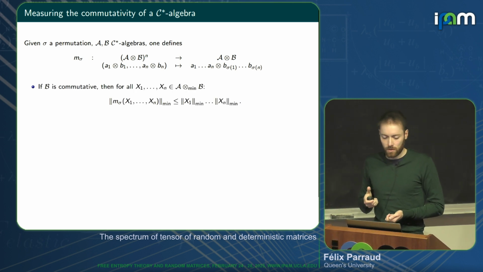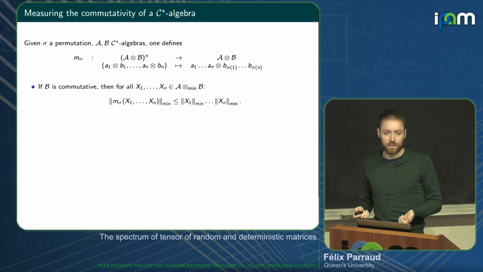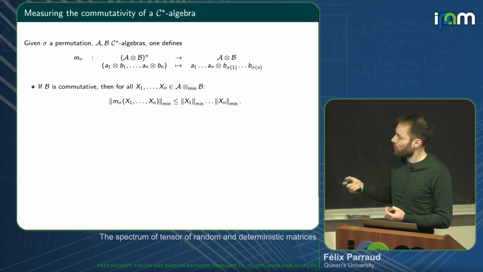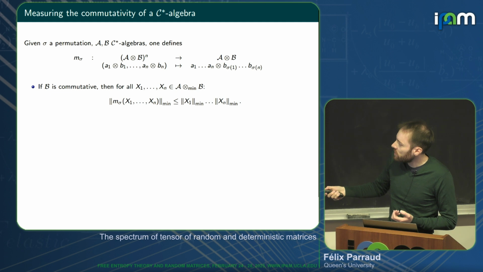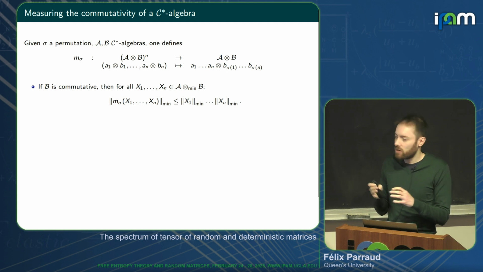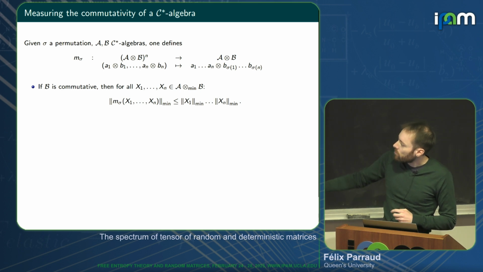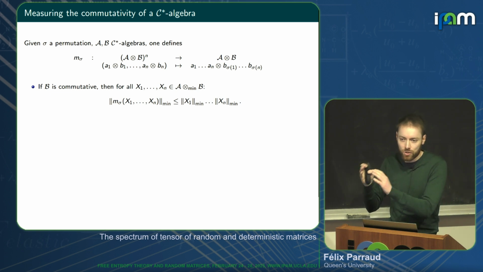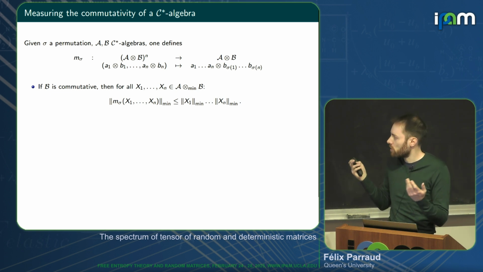All right? So that thing is, of course, not great. But for example, if B is commutative, then that wouldn't mean much, because you could just permute them all back together in regular order, and you would get that the minimal tensor norm of this thing is just bounded by the product of the minimal tensor norm of each of those Xj.